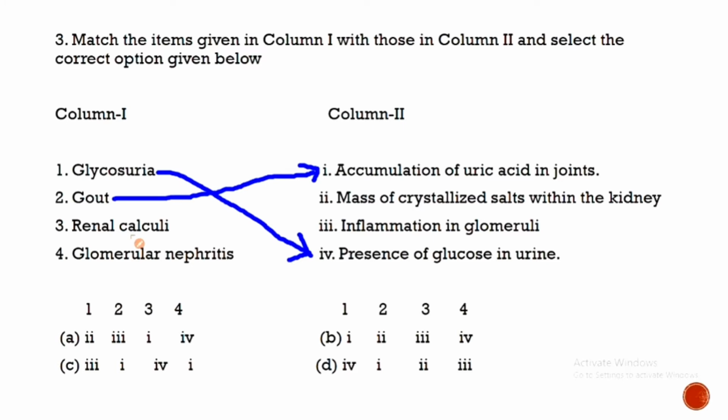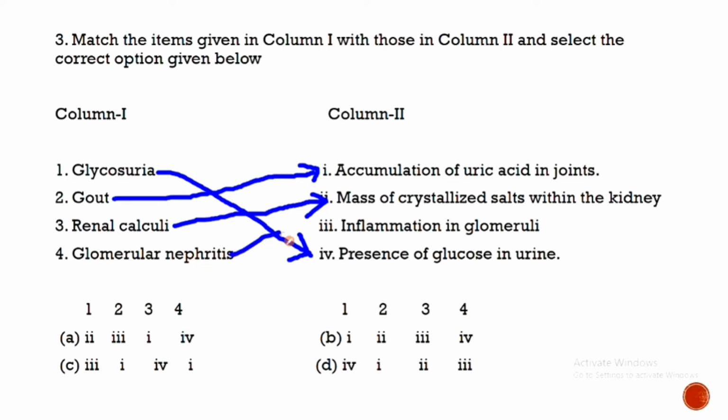Now, renal calculi, also known as kidney stones, are small masses of crystalline salts within the kidney, and these stones can be of calcium, uric acid, struvite, etc. So renal calculi is the mass of crystalline salts within the kidney. Then glomerulonephritis. Glomerulonephritis is the inflammation of the filtering unit, that is glomerulus of the kidney.